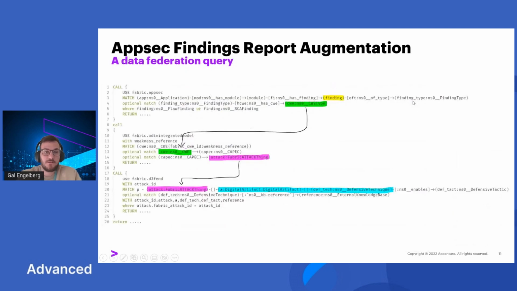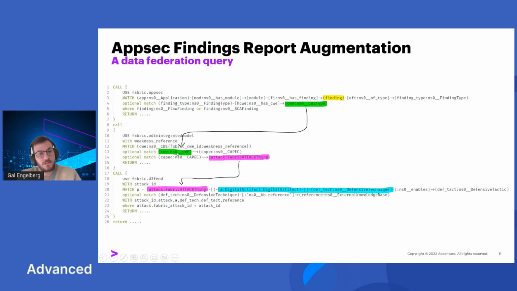And then based on this query, this data federation query, which is composed of 3 components. The first component goes to the application security findings database, and it gets the finding and retrieves the related CWEs. Then based on the retrieved CWE, we go to the OWASP ODTM integrated model database, within the fabric.